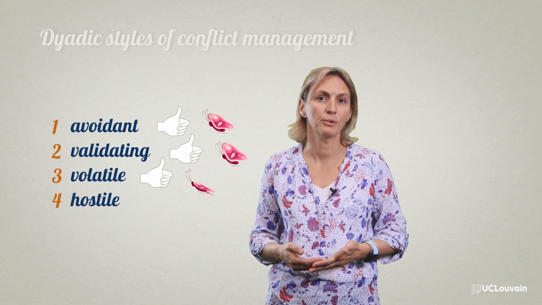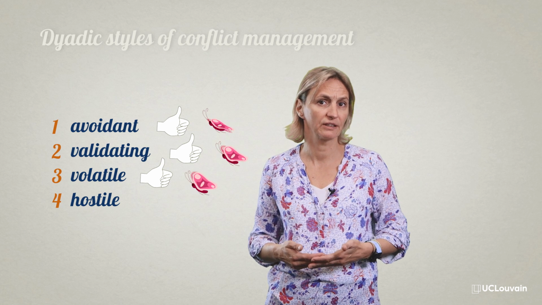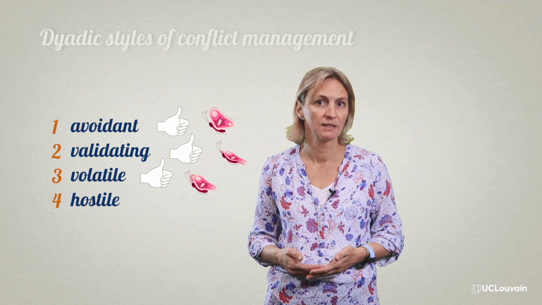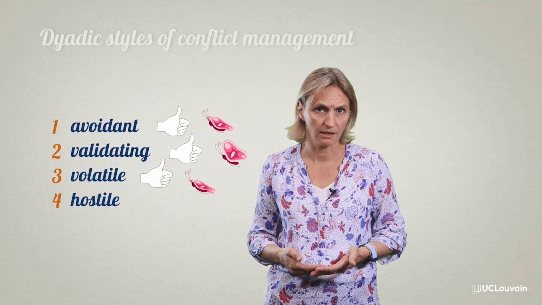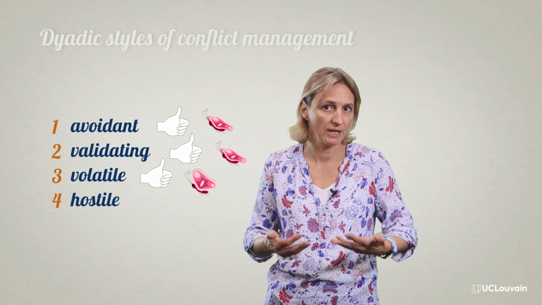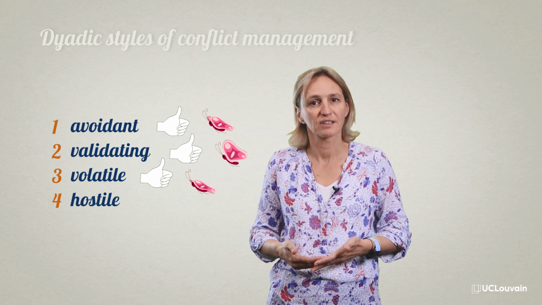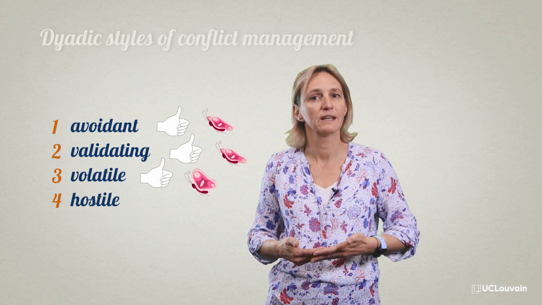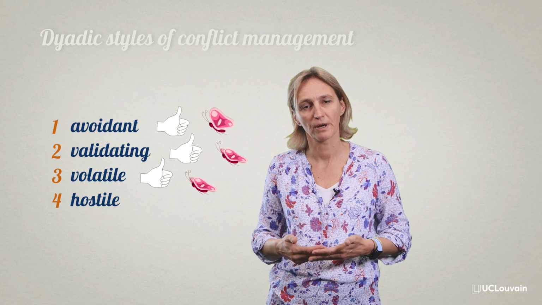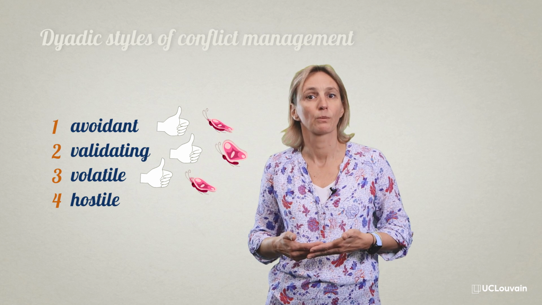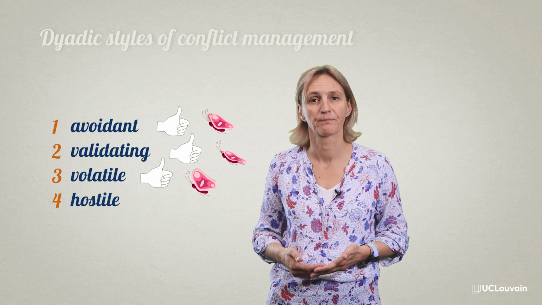Indeed, a couple that agrees to operate in a dyadic avoidance mode maybe will not solve their conflict, and this conflict will remain latent, as we said in the previous section. But this conflict management mode will nevertheless be associated with a positive satisfaction with their relationship.